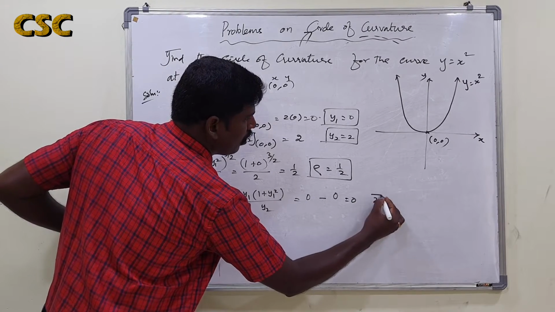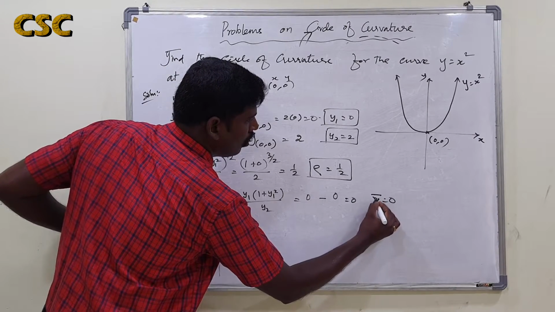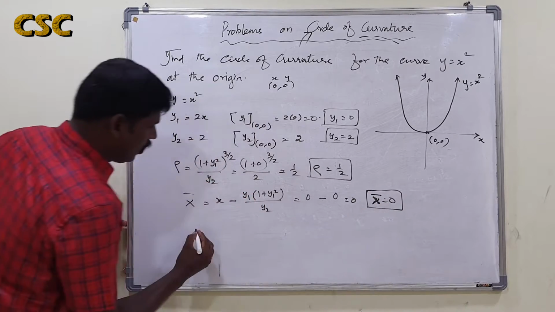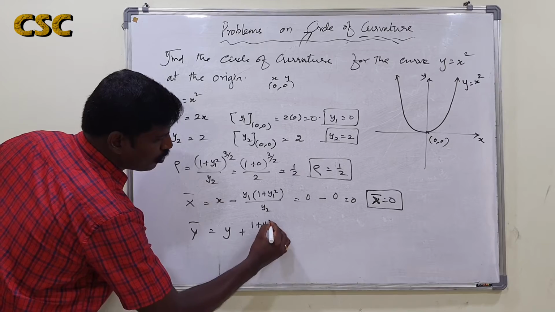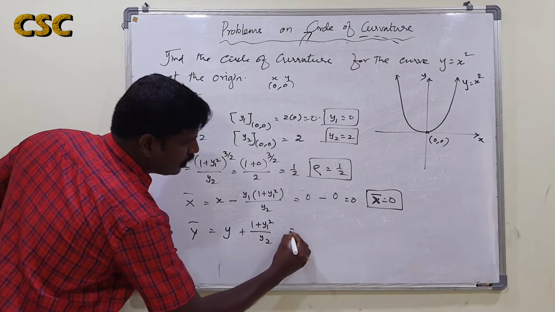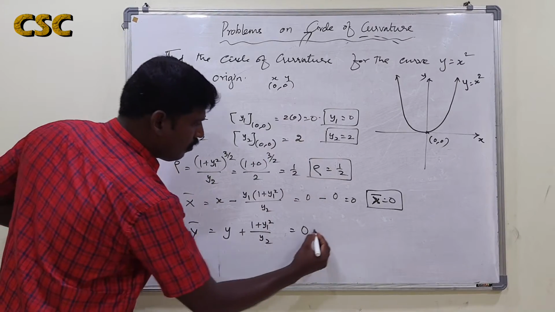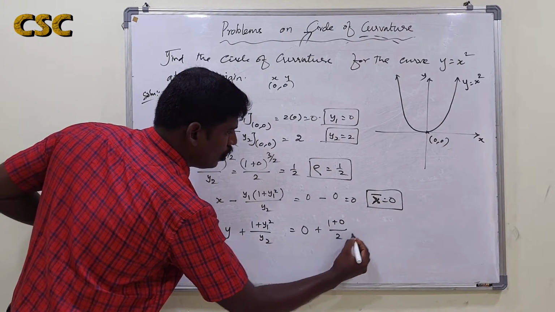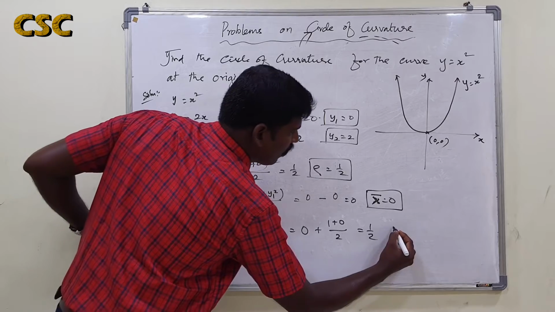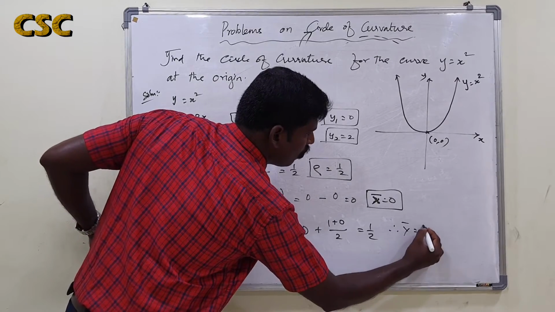So x bar is equal to 0. And then y bar is obtained by y plus (1 plus y1 square) by y2. That is y is 0 plus (1 plus 0) by 2, which is 1 by 2. Therefore, y bar is equal to 1 by 2.